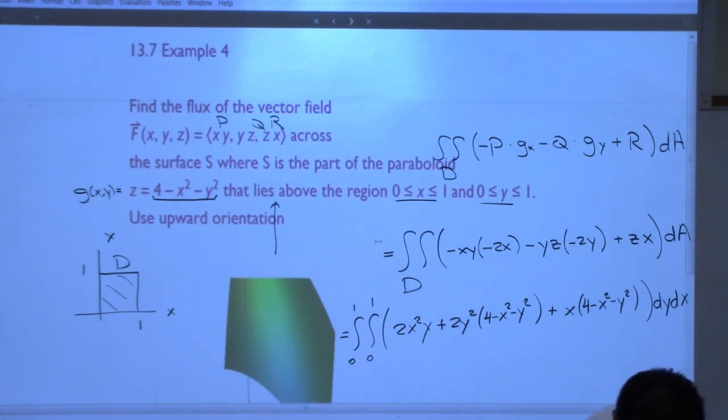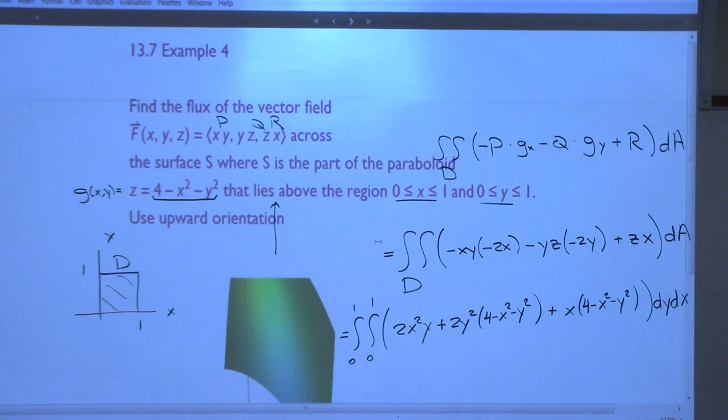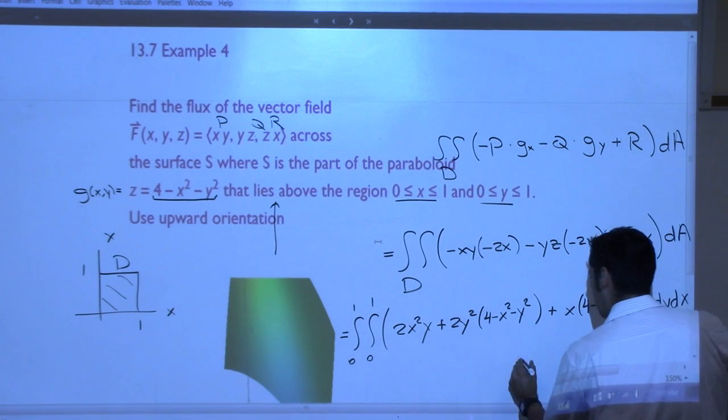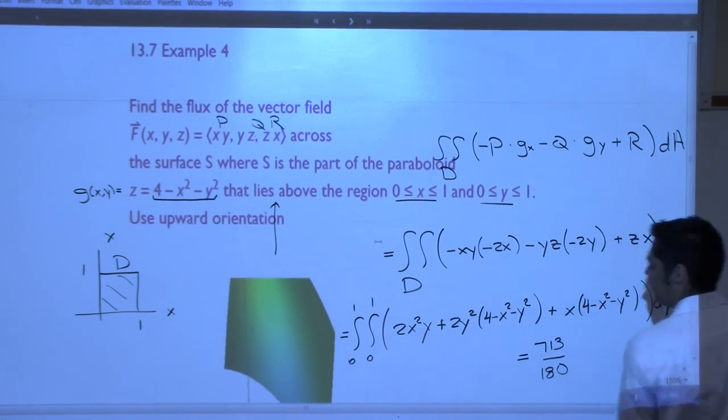There it is. This turns out to be 713 over 180.